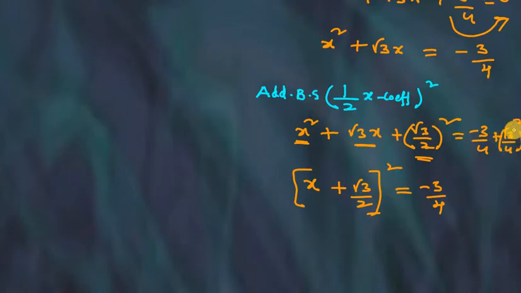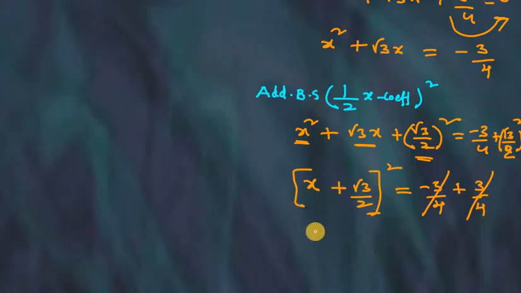Here root 3 whole square is 3, and 4 square is 16. So this is not 4, here it is 2. So 2 square is how much? 4. So here the negative and positive get cancelled.